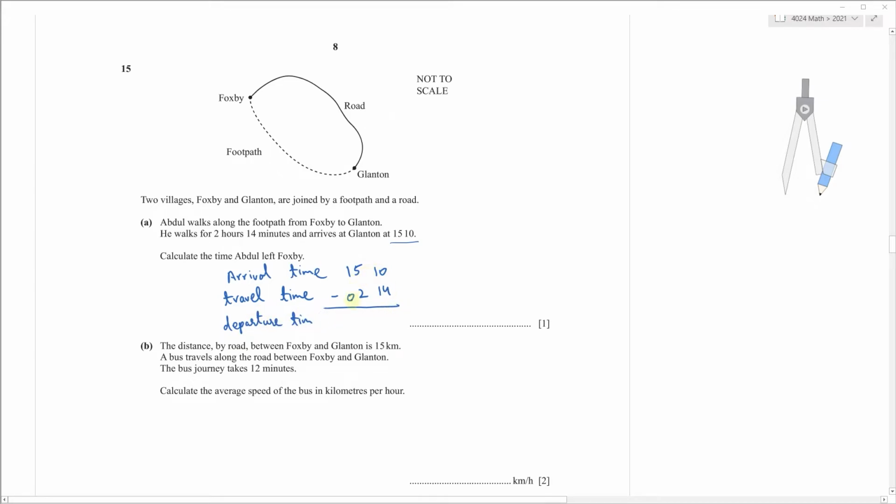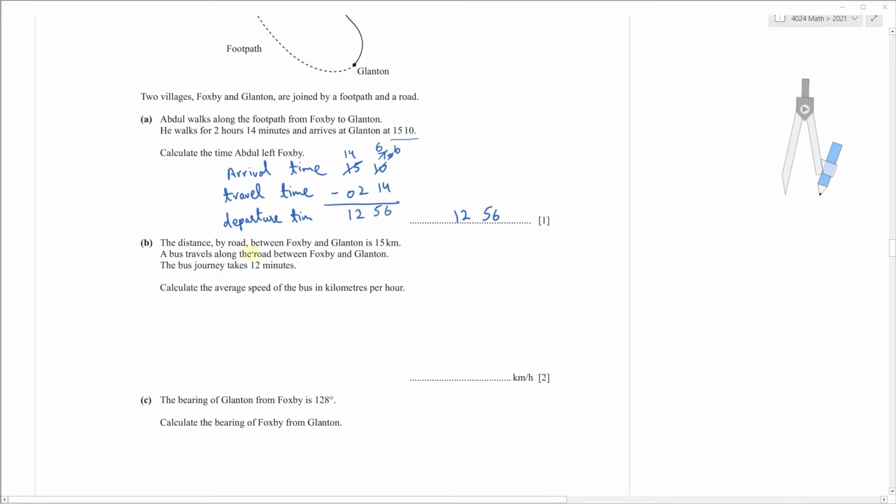I'll have to carry 1 hour, so 60 minutes plus 10 minutes gives me 70. 70 minus 14, again I'll have to carry here. So 10 minus 4 is 6, and 6 minus 1 is 5. 4 minus 2 is 2, and then 1 minus 0 is 1. So 12:56 is the time at which Abdul left Foxby.